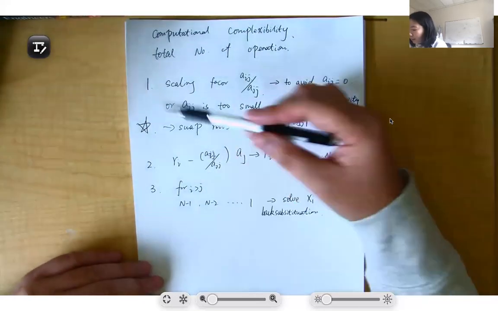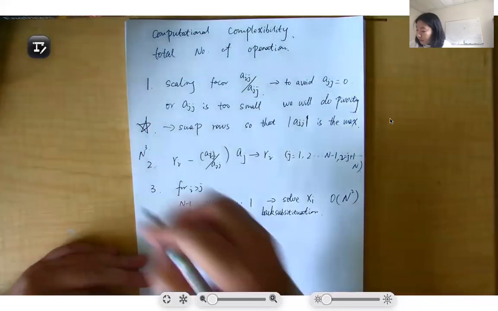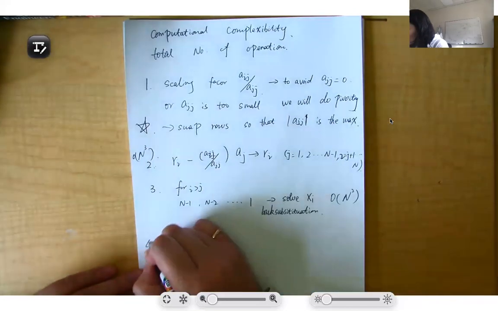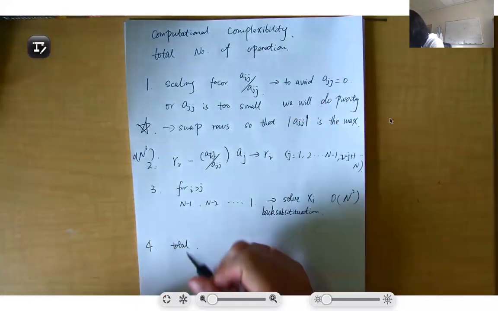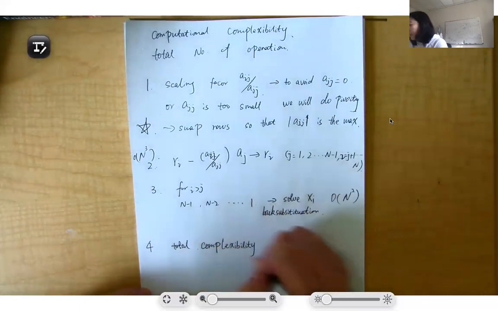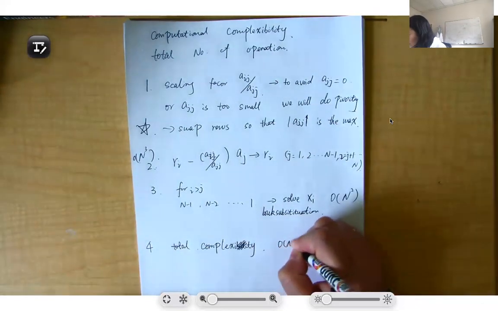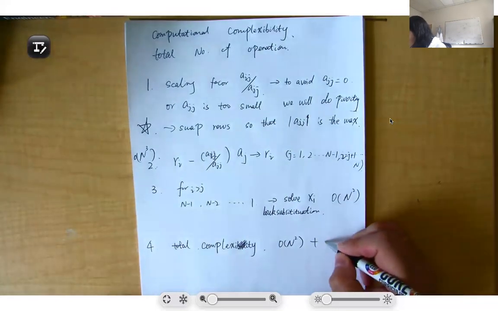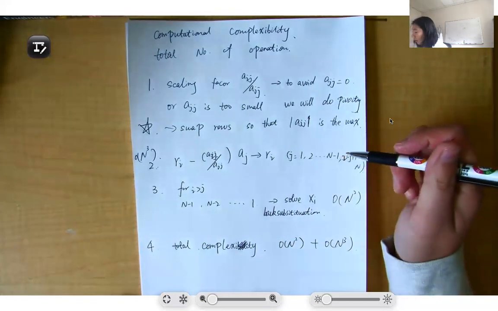The previous step, converting the augmented matrix into upper triangular, will be on the order of n to the third. The final total complexity is the sum of all of them: n to the second, which is the back substitution, plus n to the third, which is converting the augmented matrix into upper triangular.